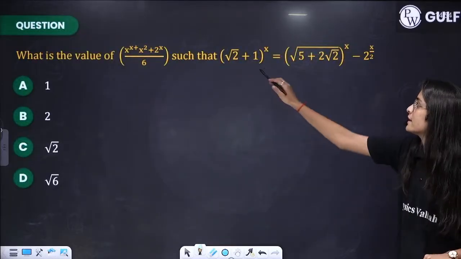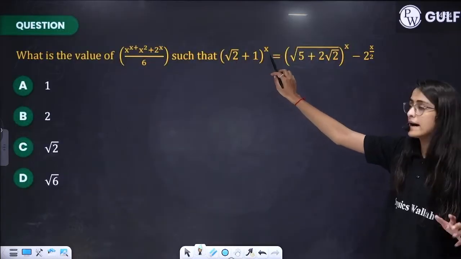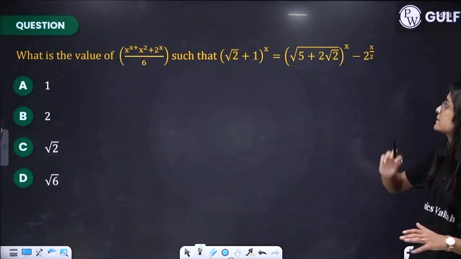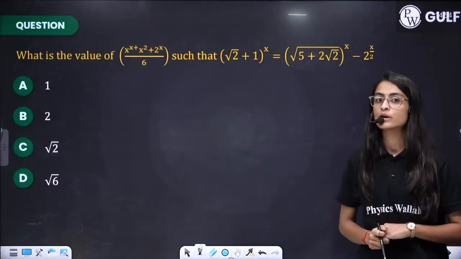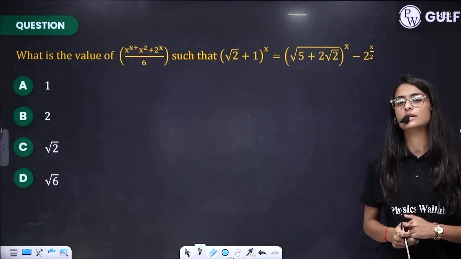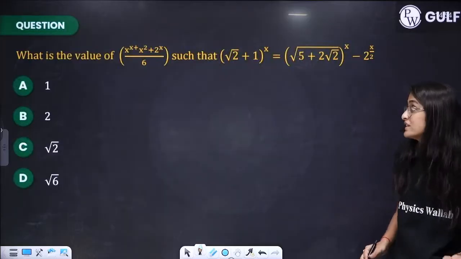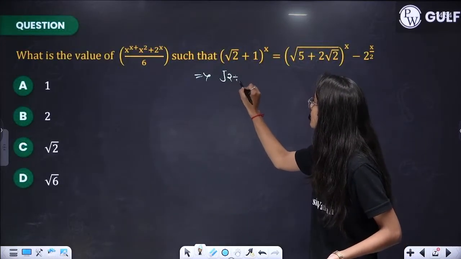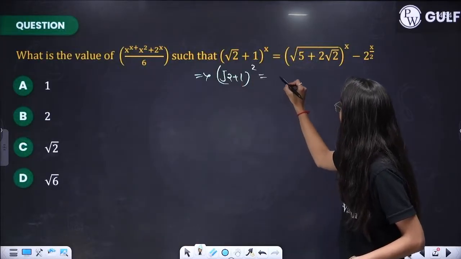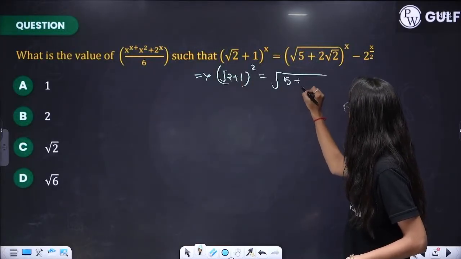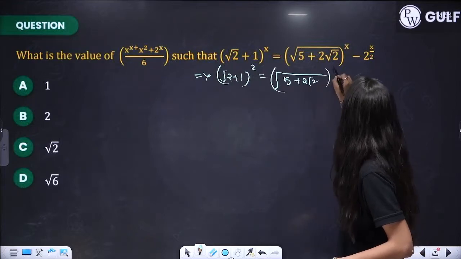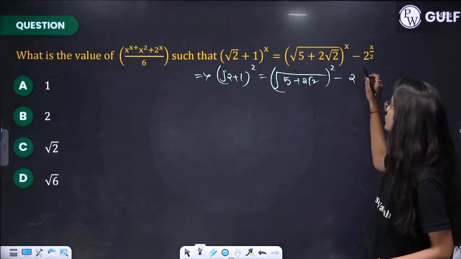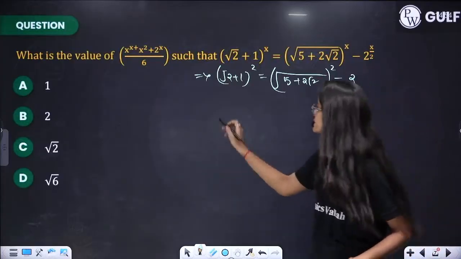See, you can see verbally, root 2 plus 1 as it is, equals root of 5 plus 2 root 2 minus 2 raised to half, that is root 2. My LHS and RHS aren't equal. So let us substitute x is equal to 2 and check whether I'm getting RHS and LHS as equal. So root 2 plus 1 raised to 2 gives me root of 5 plus 2 root 2 whole raised to 2 minus 2 raised to 2 upon 2, that's 2 raised to 1, keeping it as it is.